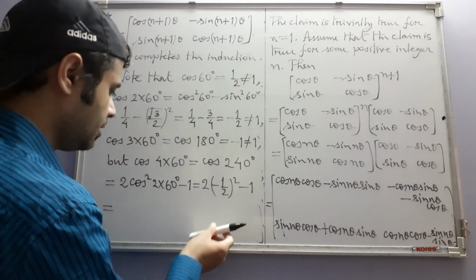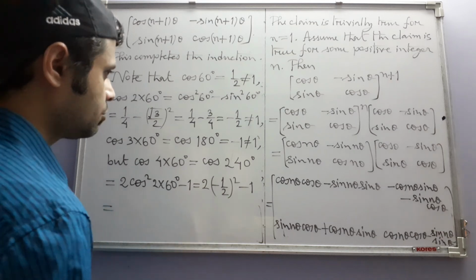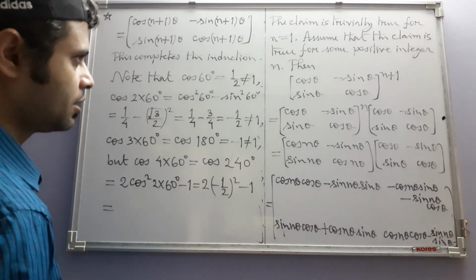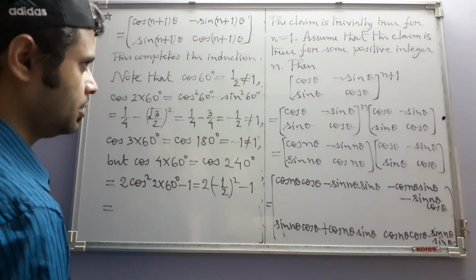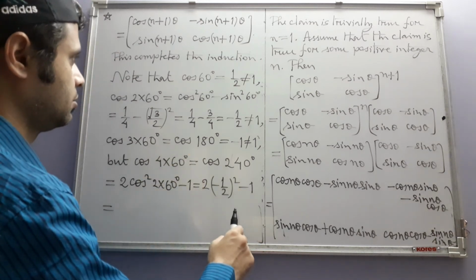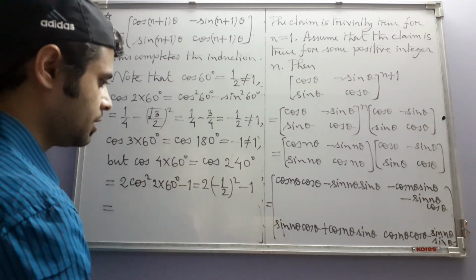Okay, let me just think geometrically. Cosine becomes 1 when the rotation takes us back to where we started, in the initial position.